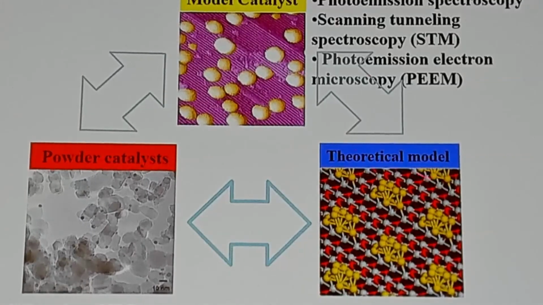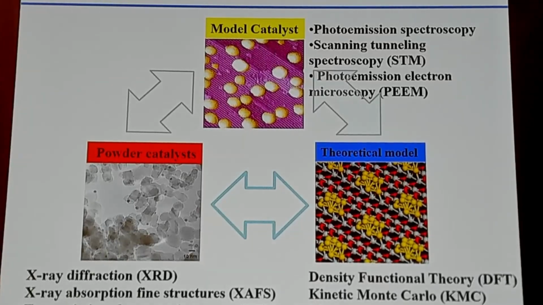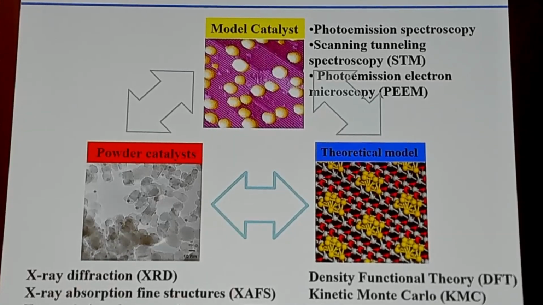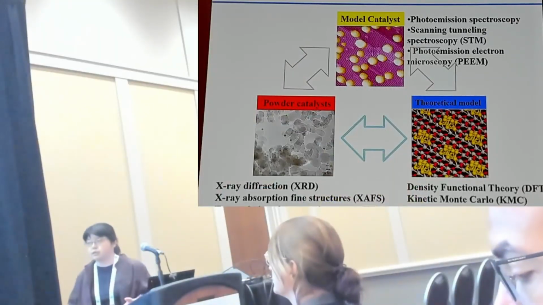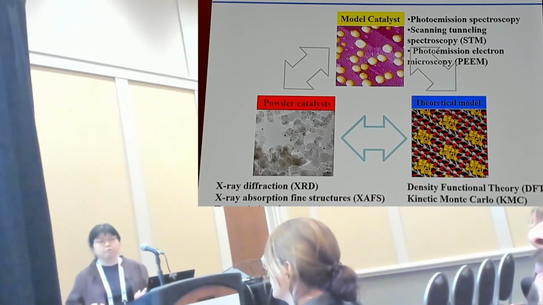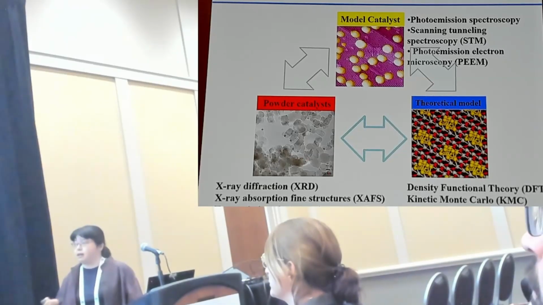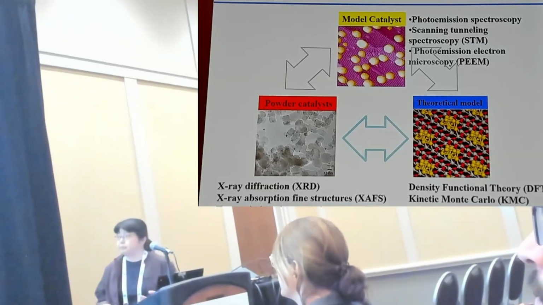To do that, we use an integrated approach. On one side, we look at the practical powder catalyst, which has more relation to the industrial catalyst. We use different techniques, lab-based synthesis, XRD, XAFS, and measurements, trying to describe the structures and behaviors using in situ and operando measurements. However, due to the complexity of this catalyst, the understanding is rather limited.